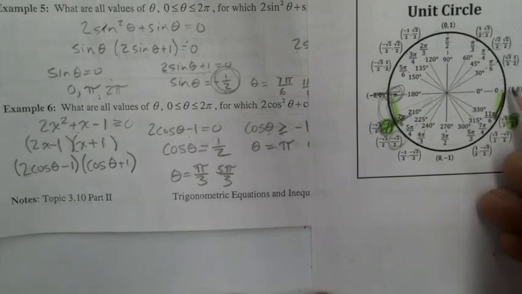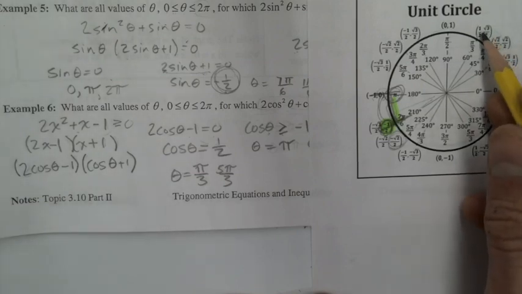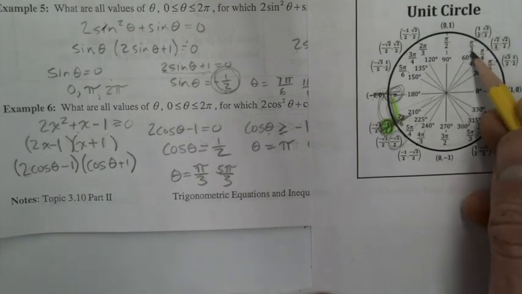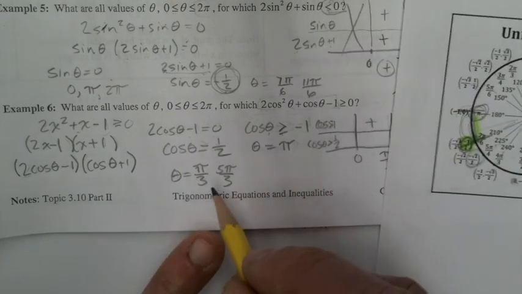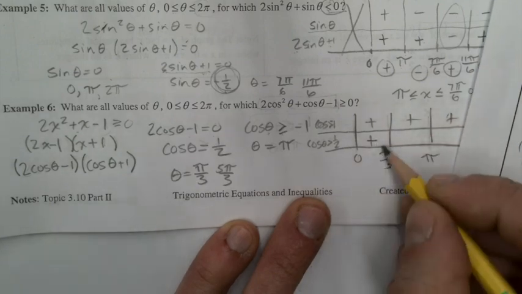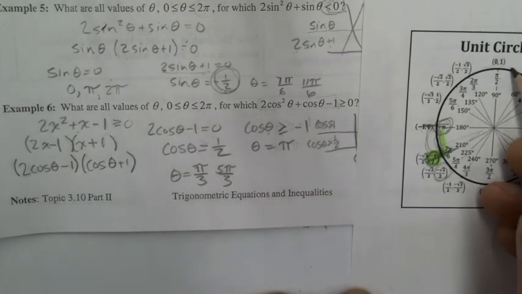That is greater than 1/2. Oh, here's where it's equal to 1/2. So from 0 to pi over 3, we're greater than 1/2, which is what the inequality said, so that'll be a positive.